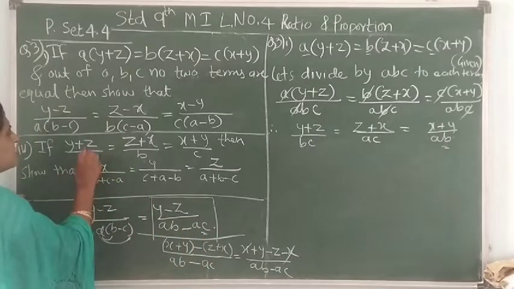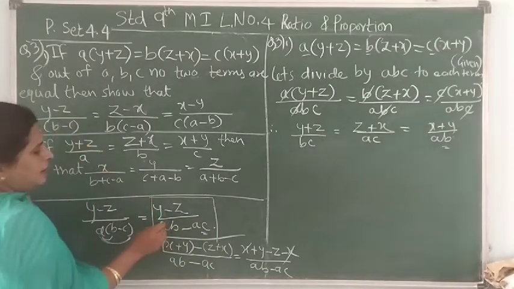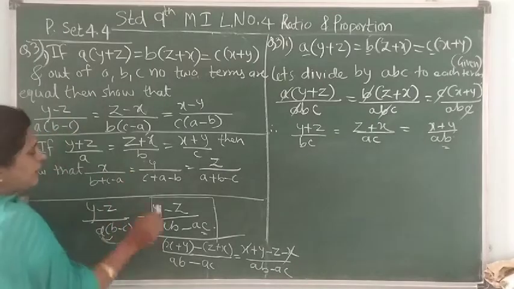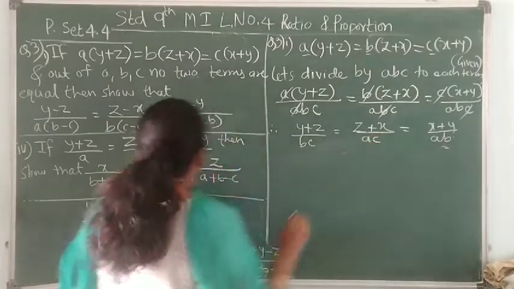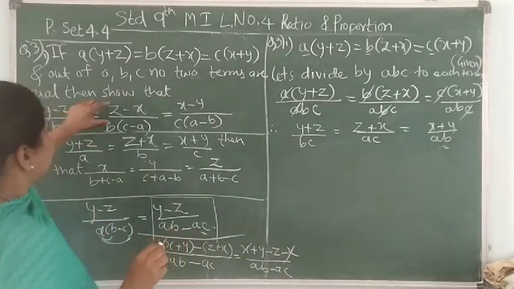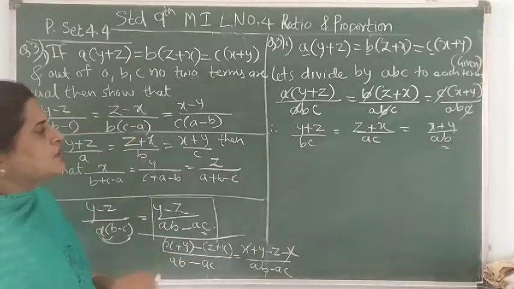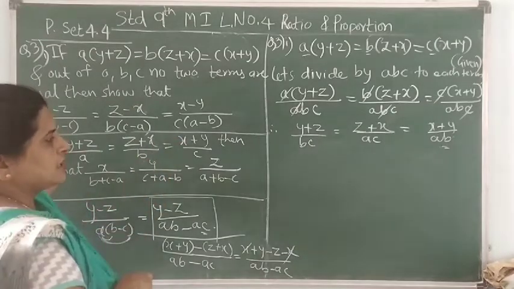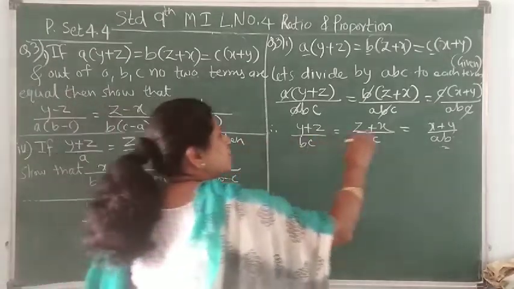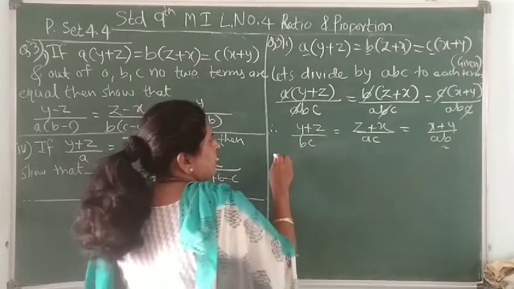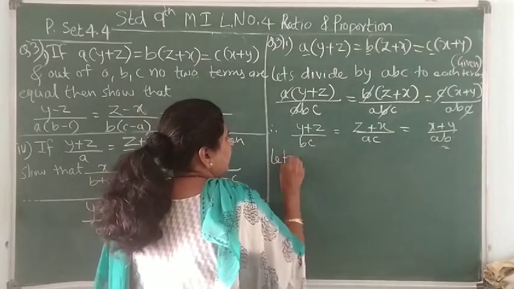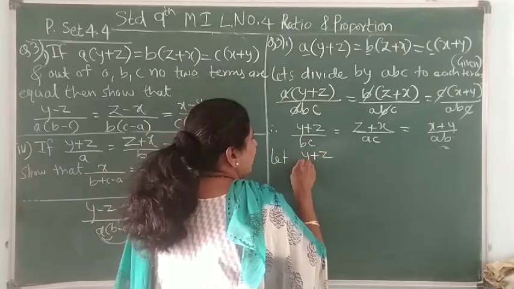So to get the first ratio, (y − z)/A(B − C), we have to do the subtraction. Similarly, we can get the remaining ratios also. So let's write whatever we have got.